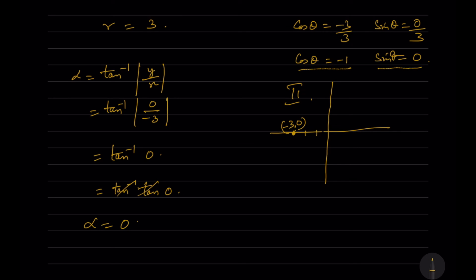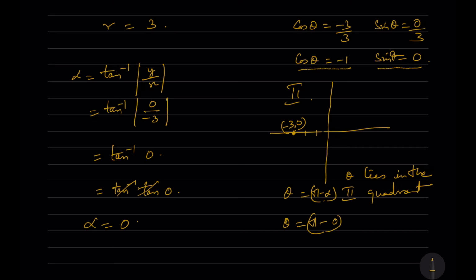Theta lies in the second quadrant, and in the second quadrant theta is equal to pi minus alpha. So theta is equal to pi minus 0, which implies that theta is nothing but pi.